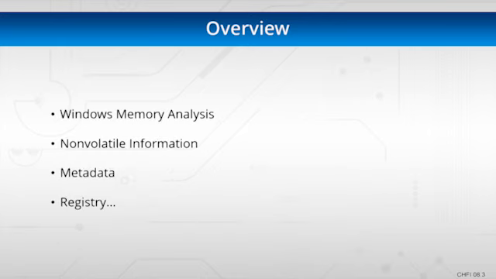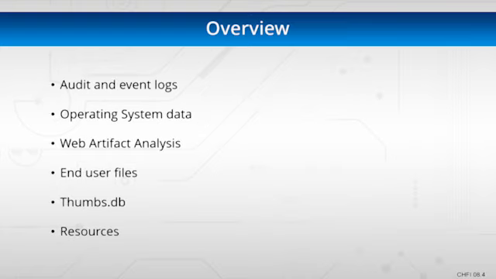And then we're going to spend a large majority of our time digging into the registry. We're going to look at auditing events, operating system data, web artifacts, but we're going to spend a lot of time in the registry because the registry is the best thing to investigate as a forensics investigator, because it tells you information that you can't get anywhere else.